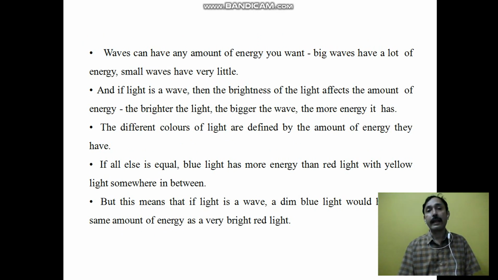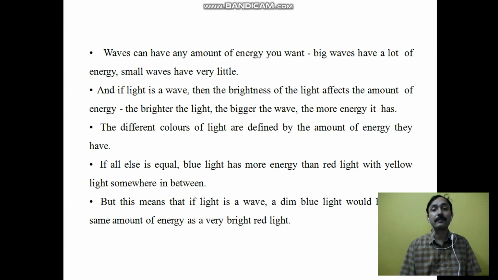Waves can have any amount of energy you want. Big waves have a lot of energy. Small waves have very little. And if light is a wave, then the brightness of the light affects the amount of energy. The brighter the light, the bigger the wave, the more energy it has.